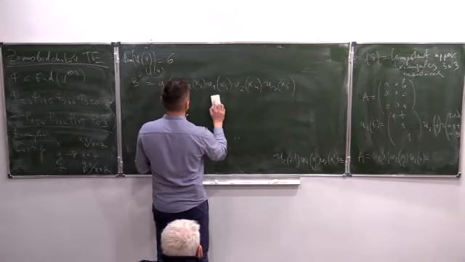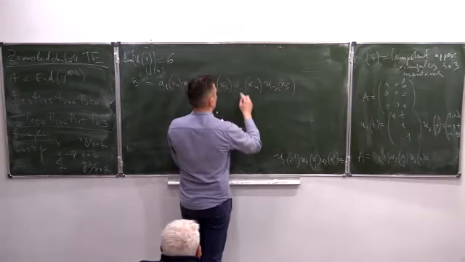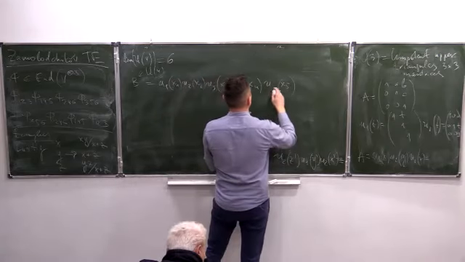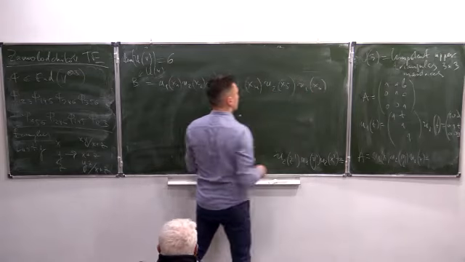So it's better to write here like this: 1, 2, 1, x6.